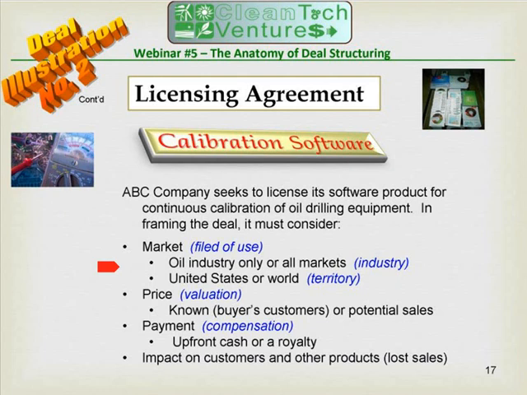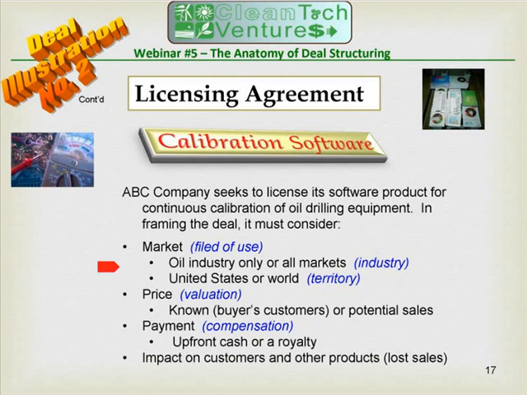But the company, ABC, realizes that this particular technology is not only useful in the oil and gas industry, but it also could be used to calibrate tooling in other industries, from things that may occur in aerospace, it may occur in metal fabrication, it could be used in a variety of testing equipment, and the company that wants to buy it is only going to sell it in the oil and gas industry.